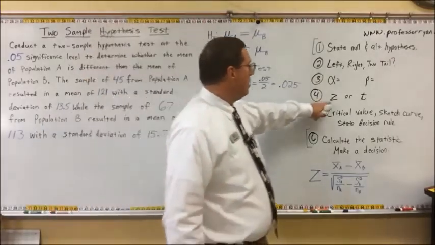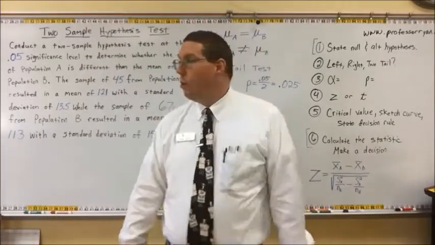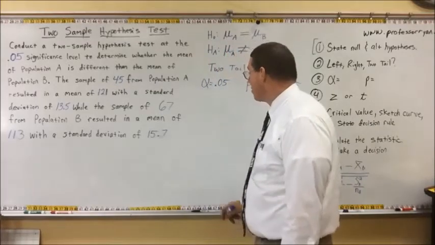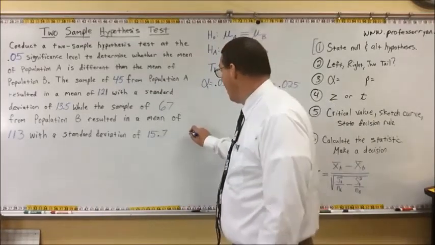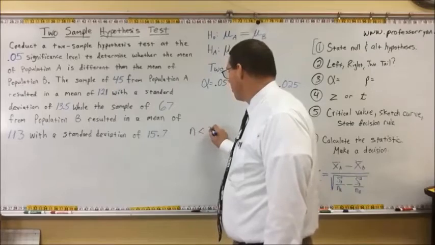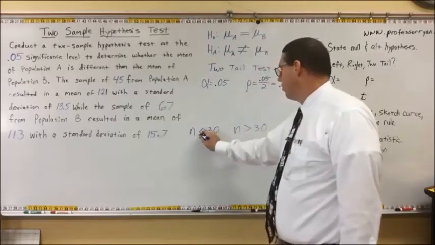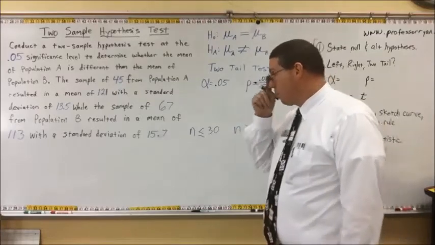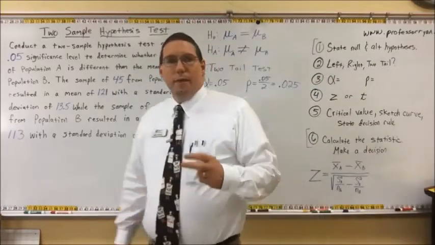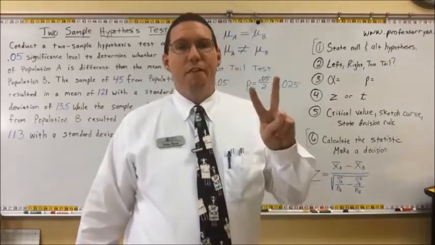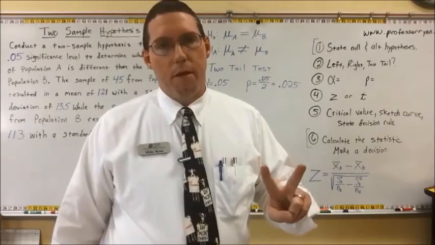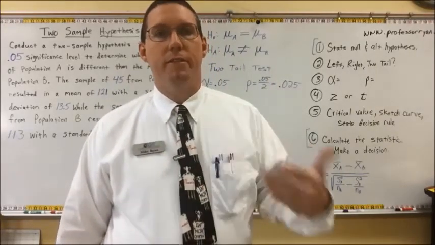And now, is this a z-test or a t-test? Well, the way you determine that is based on whether the sample size n is less than or equal to 30 or greater than 30. And here's what I'm going to tell you. Since there's two samples, if either one of the samples is 30 or less, it's going to be a t-test.